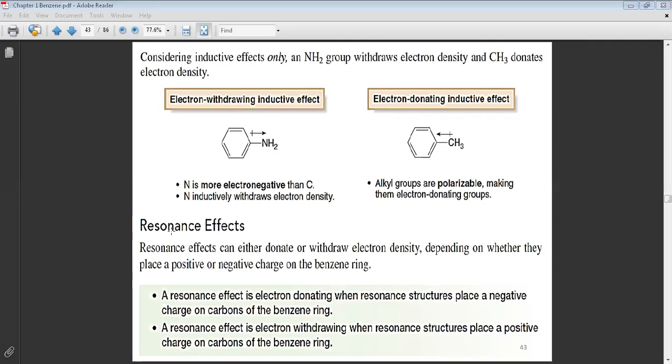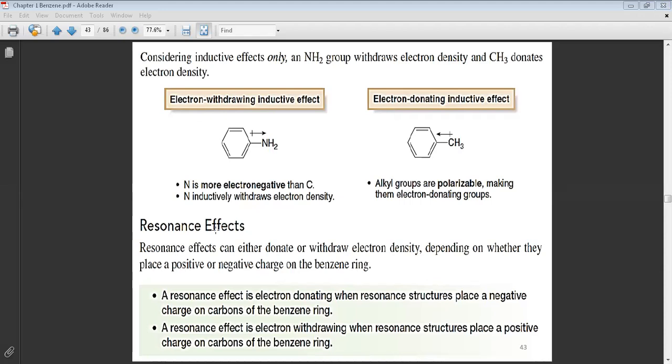Now we talk about the resonance effect. Students, what does a resonance structure mean? Do you remember the resonance structure? Is the resonance structure an isomer or not? Who can answer? No, not an isomer.